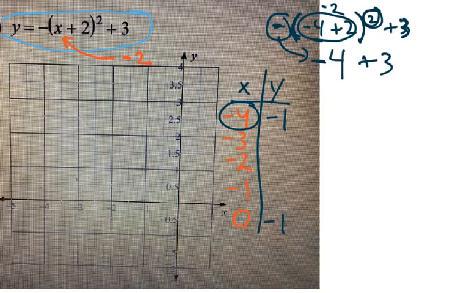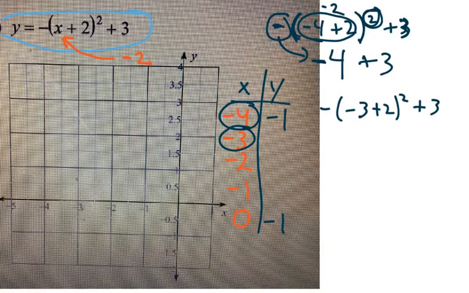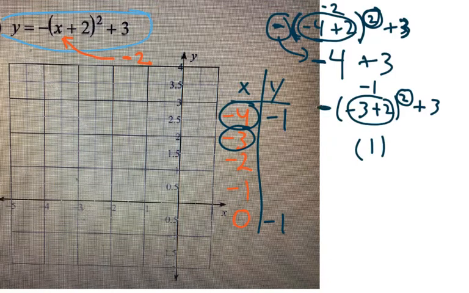All right, let's now plug in the -3. -3 plus 2 is -1, but that square makes it +1, because a negative times a negative is a positive, right? Notice now that negative in front kicks in, and we do have a +3. -1 plus 3, of course, is 2.